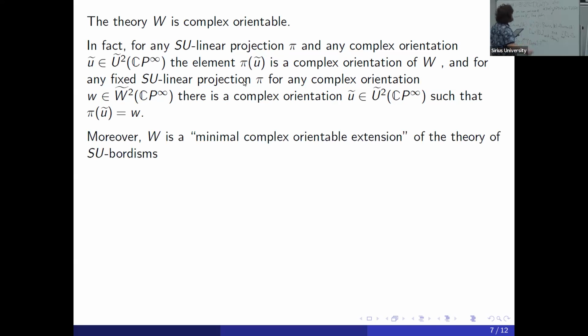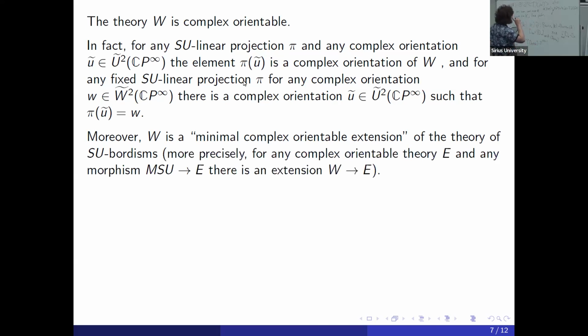W is in fact some kind of minimal complex extension of SU-bordism. More precisely, any morphism to a complex orientable theory from SU-bordism extends to a morphism from c₁-spherical bordism.